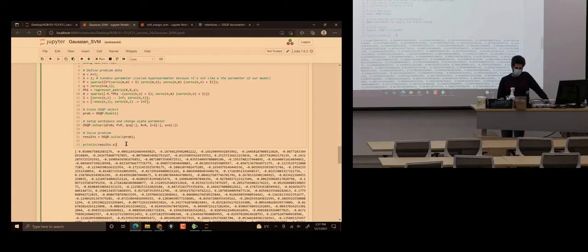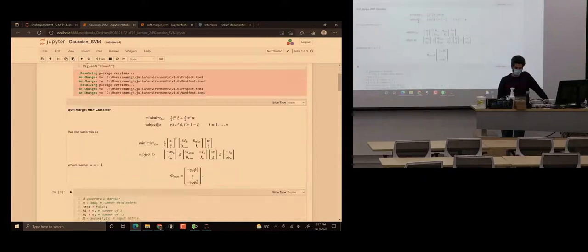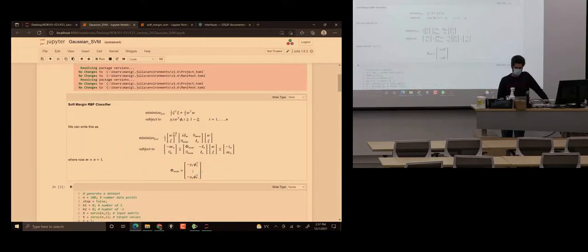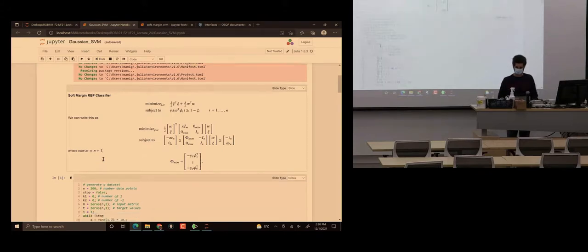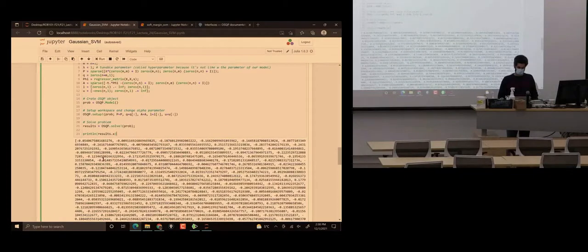Results.x is your solution. The way it works, the solver, basically this whole vector that is a stacked version of W and C, that's called x. That's your variable. The solver does not separate W or C. That's just how we know it is. Now, in this case, which one is the solution?